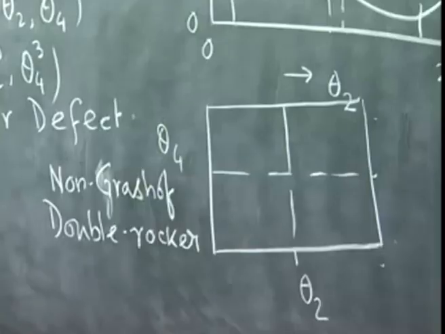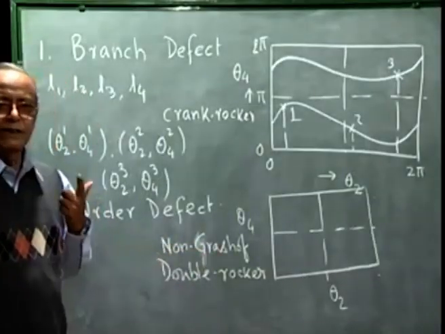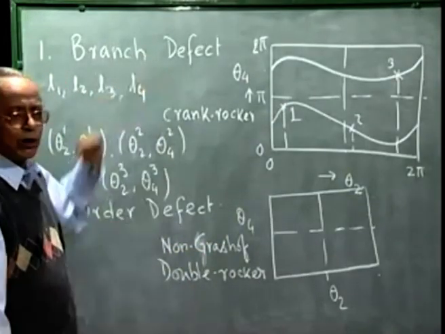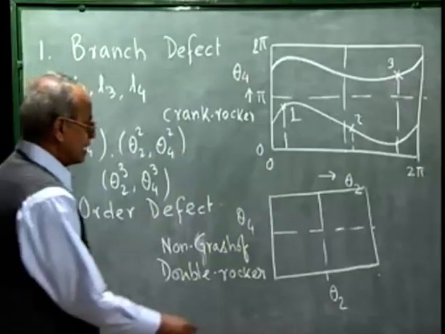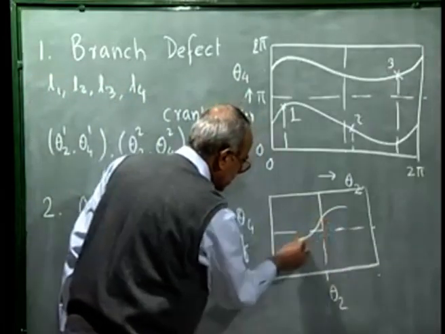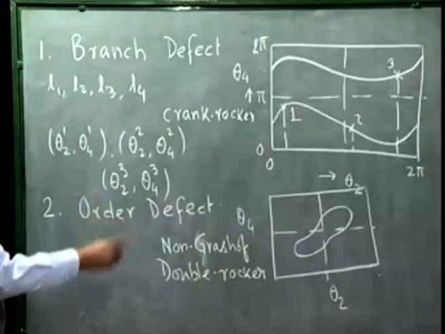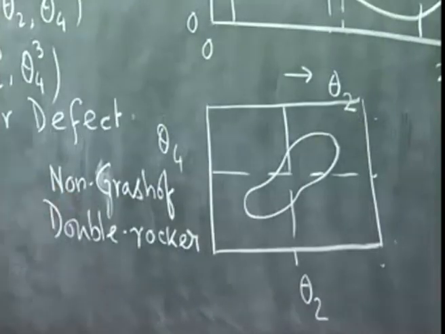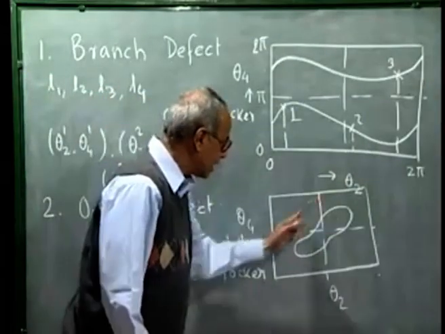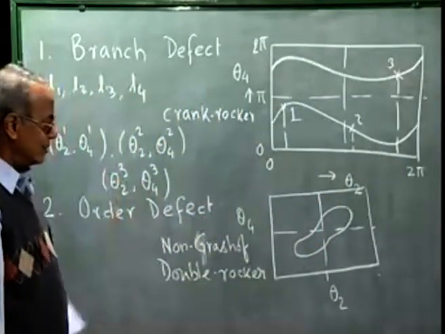If we remember that non-Grashof linkage has only single mode of assembly, so there cannot be any branch defect. But suppose this is the relationship between theta 4 and theta 2 for a non-Grashof double rocker, and this entire curve is obtained by the same mode of assembly.